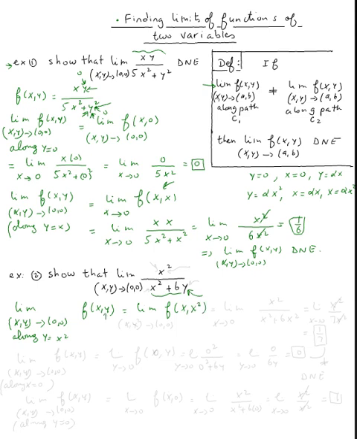I replace y by x squared, as x approaches 0. We could have just said x approach 0, which is equal limit as x approach 0.